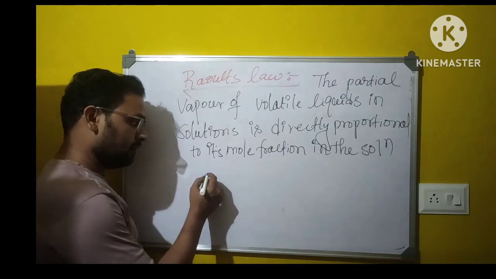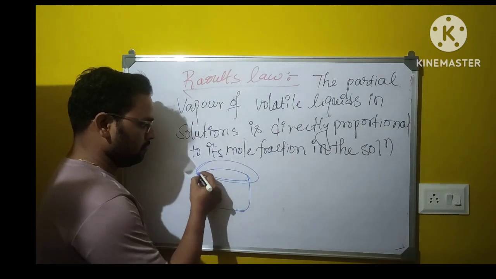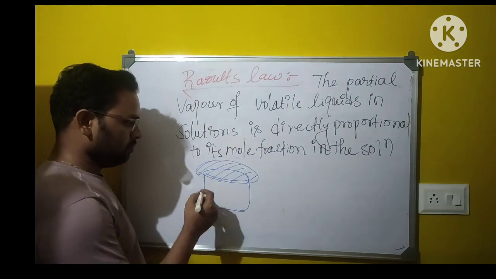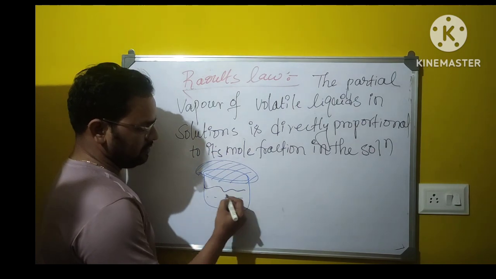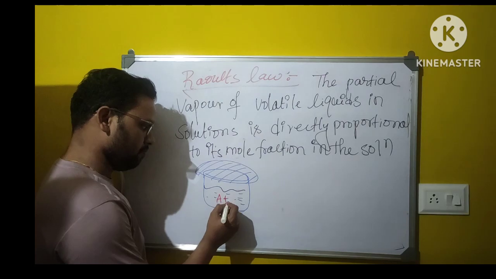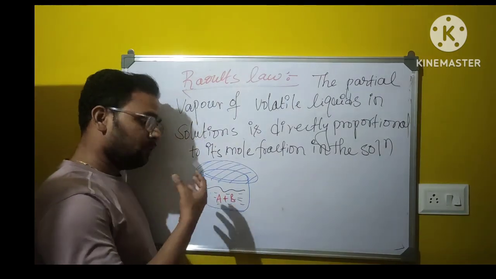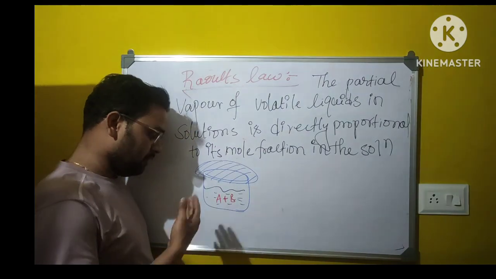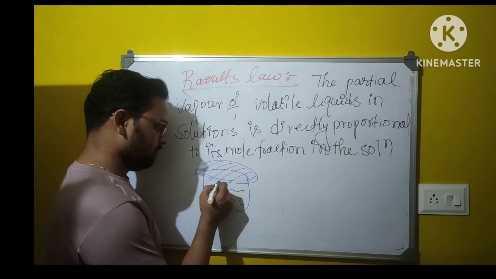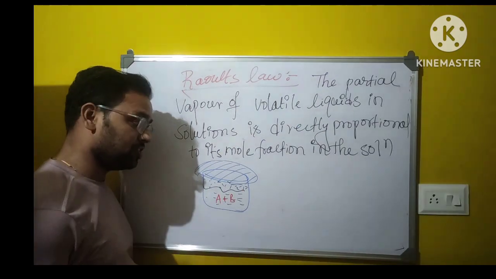For example, take two volatile liquids in a closed container. One is A, another one is B. The A particles and B particles, both volatile liquids, undergo vaporization and form vapors of A and B. Those vapors exert pressure.